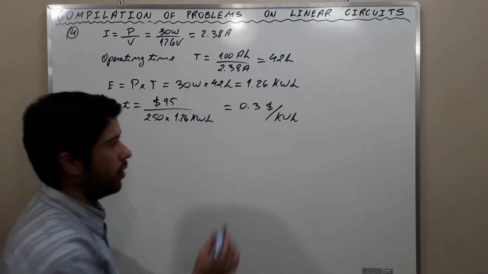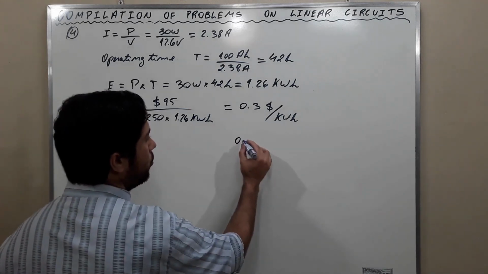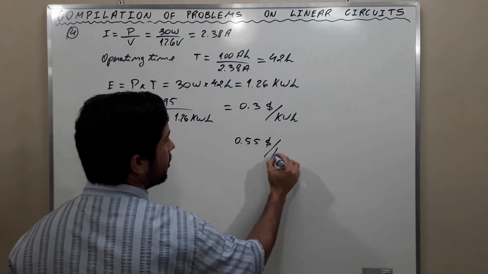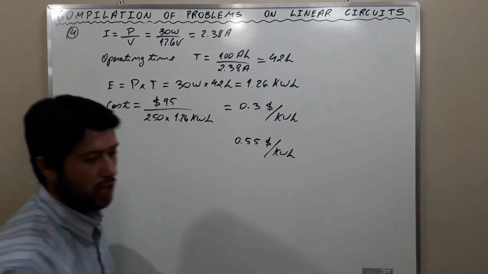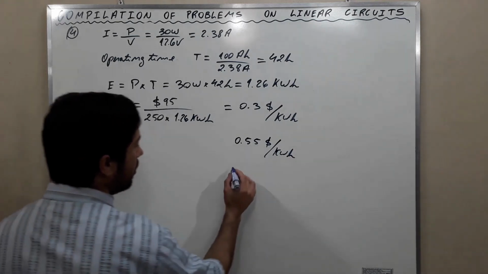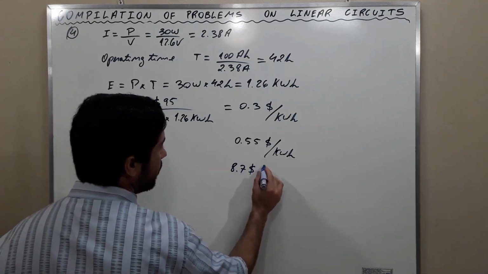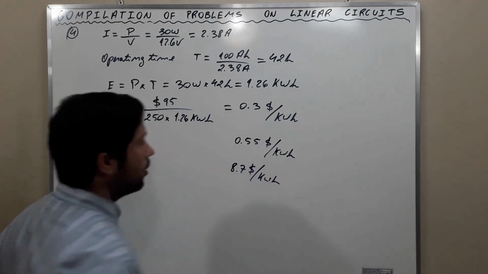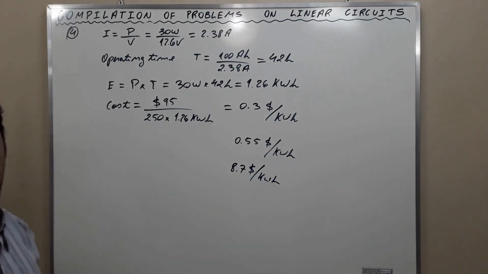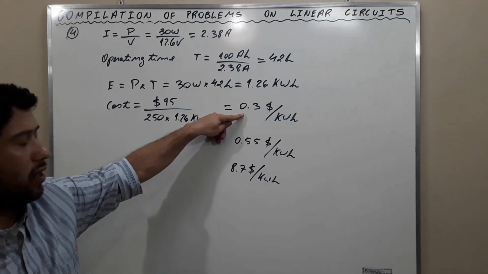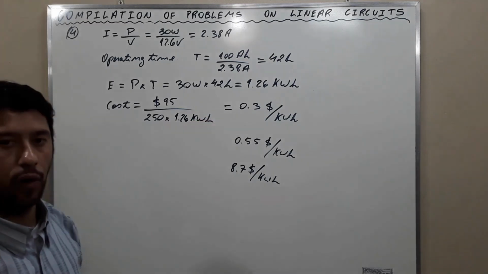There may be some technology that is 0.55 per kilowatt hour, some technology may be 8.7 per kilowatt hour, then the more cost effective, where you are going to have a better return on investment, is going to be the one that has a lower price per kilowatt hour.